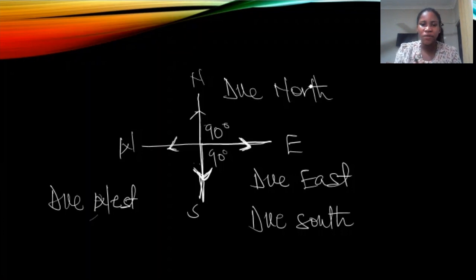We also have this thing that sometimes confuses people when, let's say, they say north 50 degrees of east. So they give you a statement like this: the vector is north 50 degrees of east.